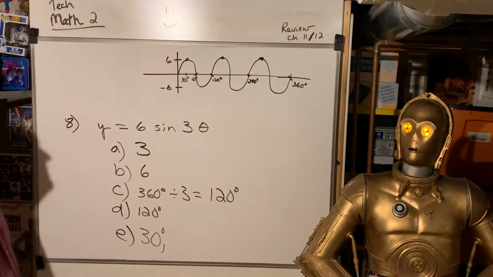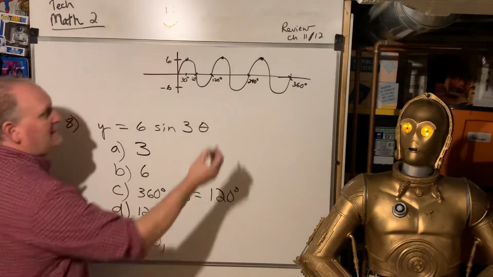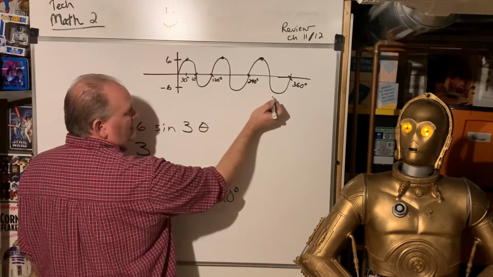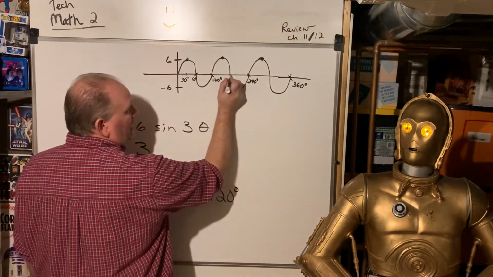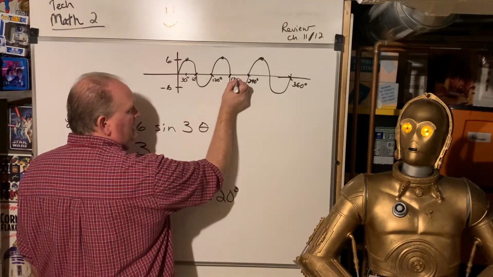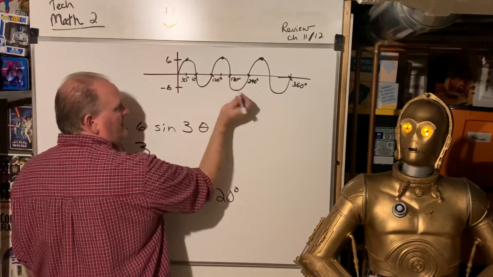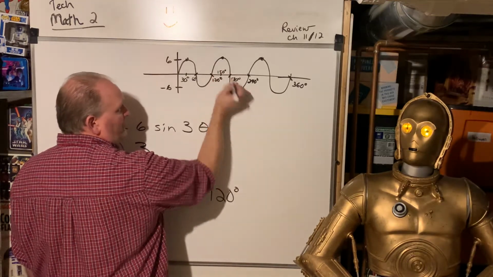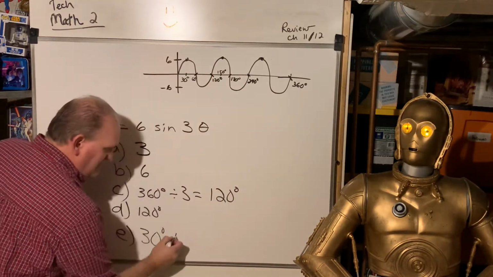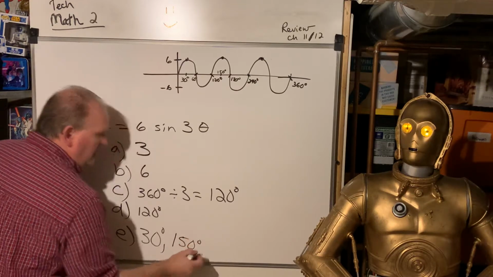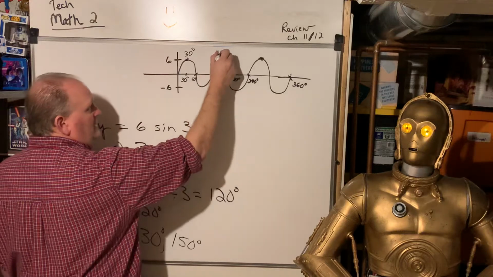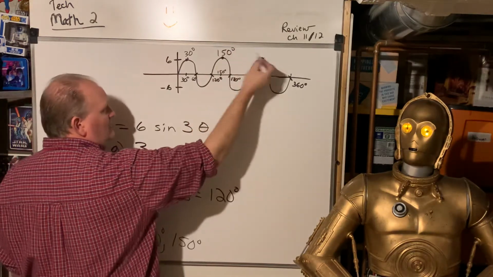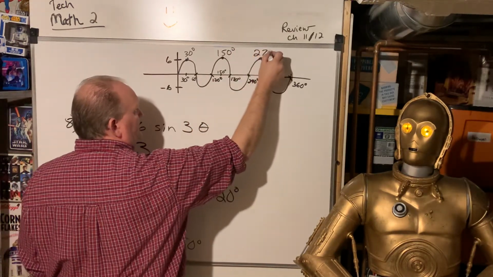Now, from here, you don't really have to keep filling in numbers. You know what I mean? You don't really have to say, okay, I'll add 60 and that'll be 180, and then halfway between there is 150. You could do it that way if you wanted to get that second 150, but you could also just say now 30 degrees plus 120 is 150, plus 120 is 270.